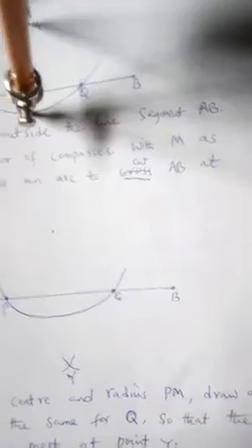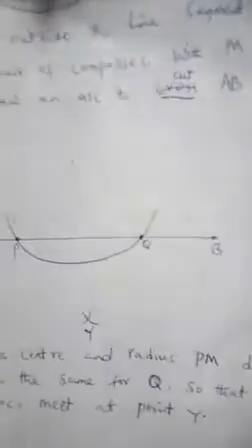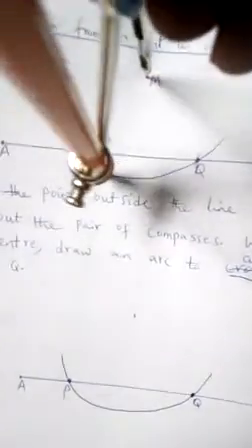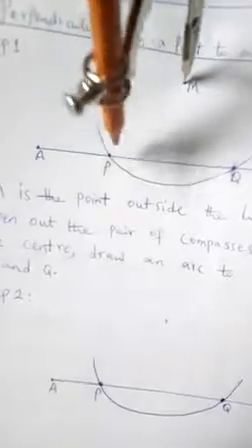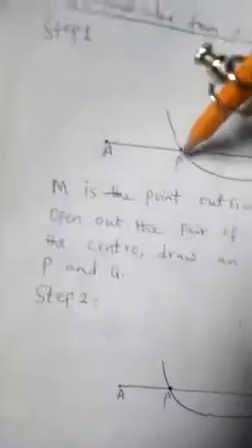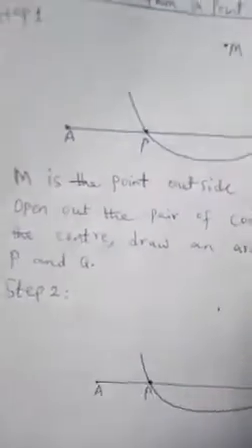You draw an arc to cut AB at P and Q. You can see here this idea. You draw your arc here. Then this point here where you cut A here is P, and this side is Q.